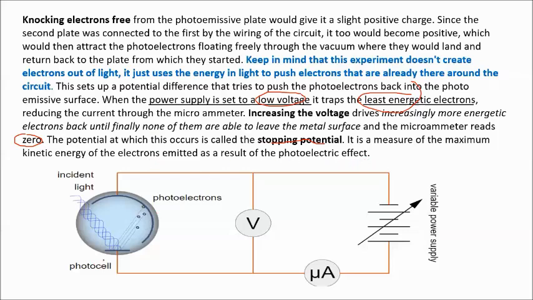Okay, so this is the photocell, where this is the incident light or incoming ray. And then this is the surface, which absorbs the energy from the light, and then there is emission of photoelectrons. And then connected to the photocell is the variable power supply.